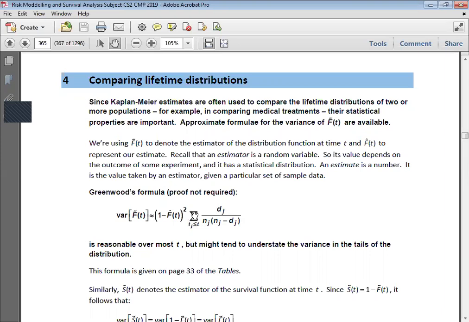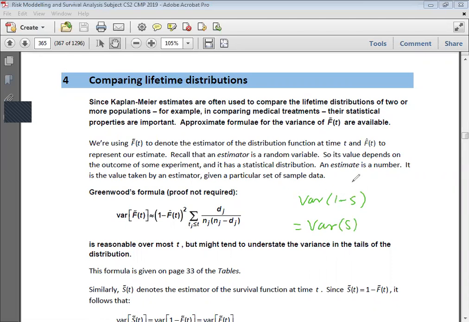So this is the formula that you have for figuring out the variance of this particular guy. If you see here, we aren't calculating the variance of S. What we are calculating is the variance of F, which is the opposite of S. But the fact that F is just equal to 1 minus S means the variance of F will be the variance of 1 minus S. And this is nothing but the variance of S. The minus becomes squared, so 1 squared.